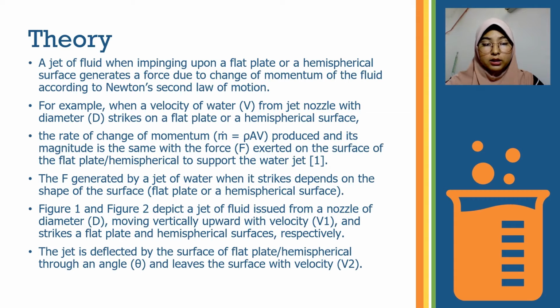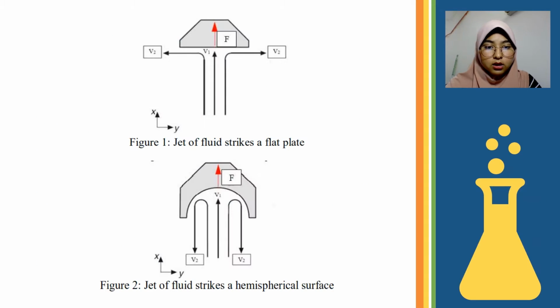The jet is deflected by the surface through an angle and leaves the surface with velocity V2. There are two figures. Figure 1 shows a jet of fluid striking a flat plate, while Figure 2 shows the jet of fluid striking a hemispherical surface.